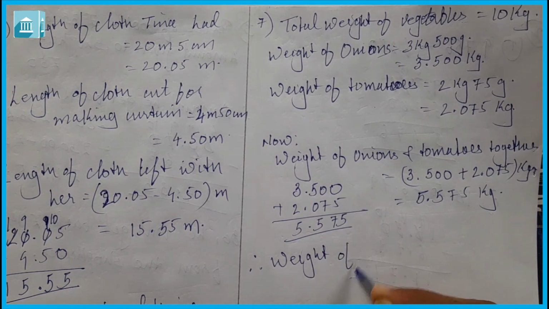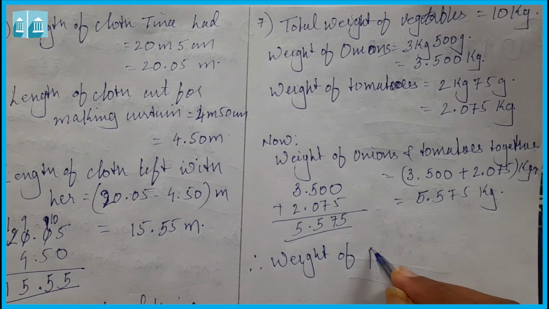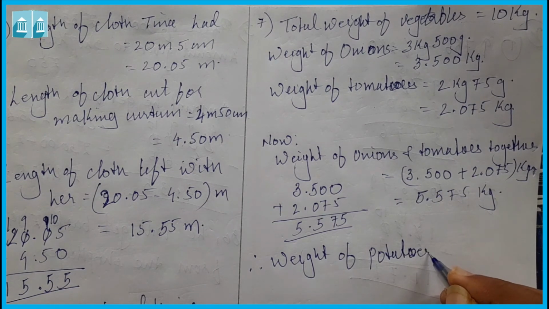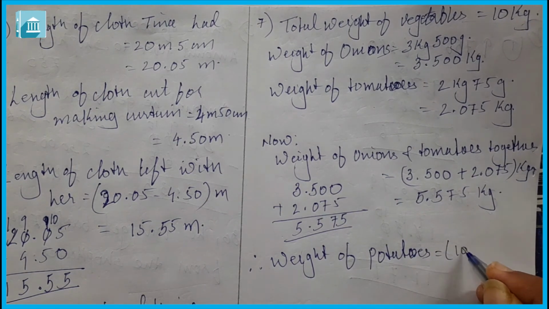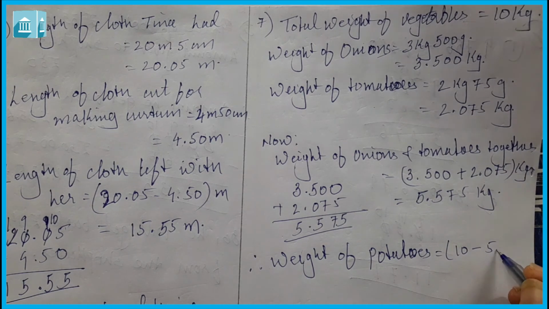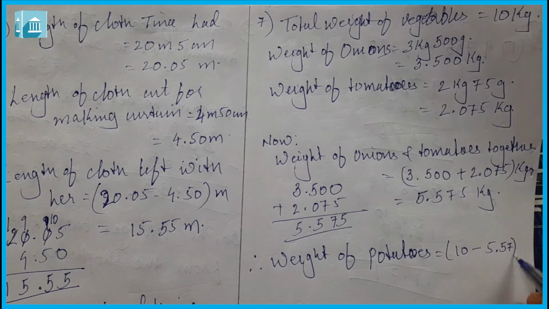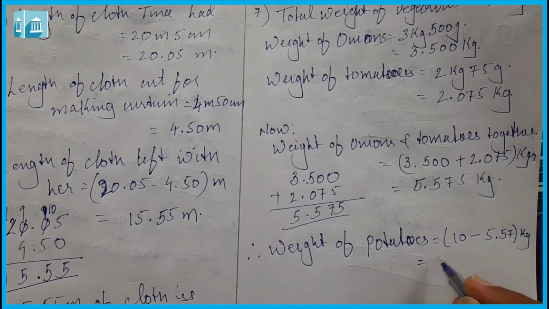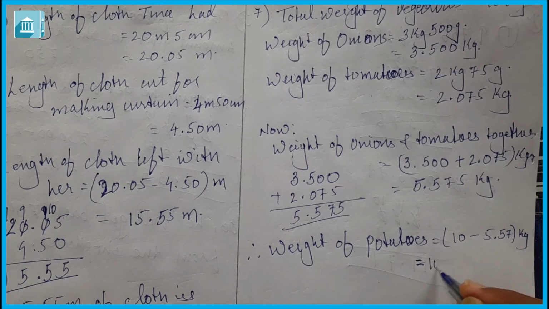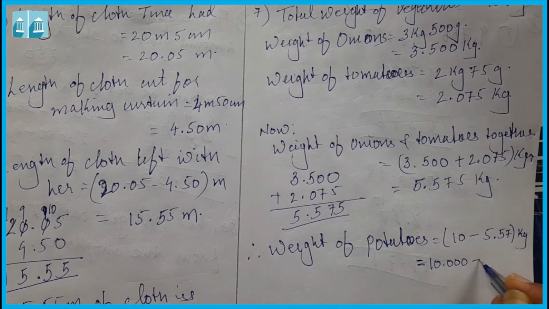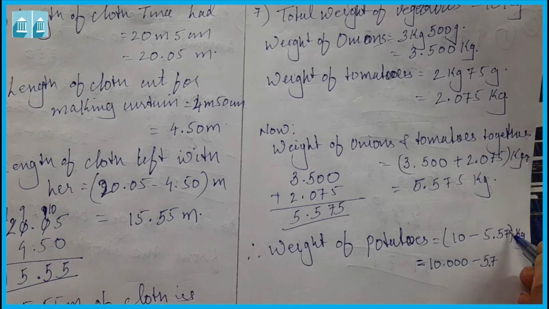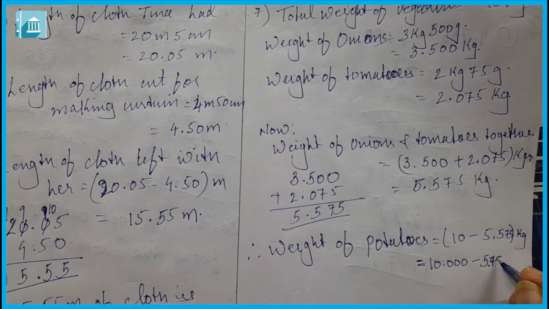So therefore we can say that weight of potatoes is equal to 10 minus 5.575 kg, which is equal to 10.000 minus 5.575 kg.